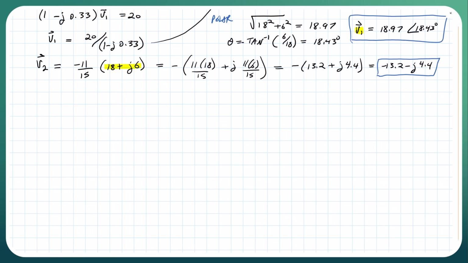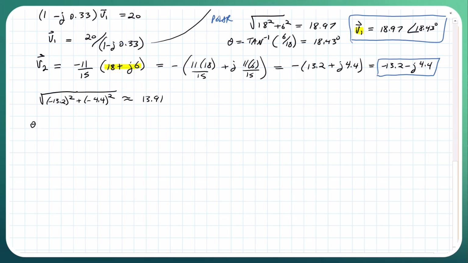And then we can do the same thing, put it in polar form. Our magnitude is going to be minus 13.2 squared plus minus 4.4 squared. That's going to give us roughly 13.91.